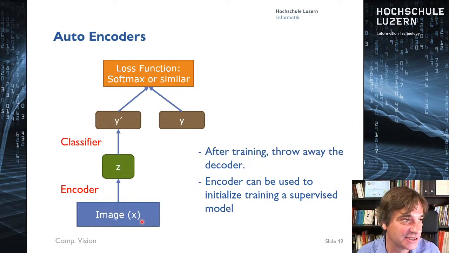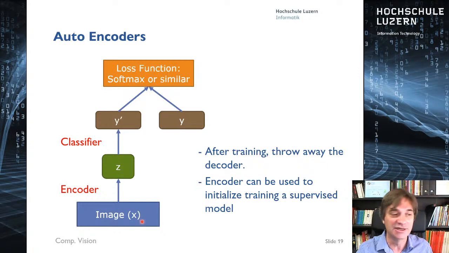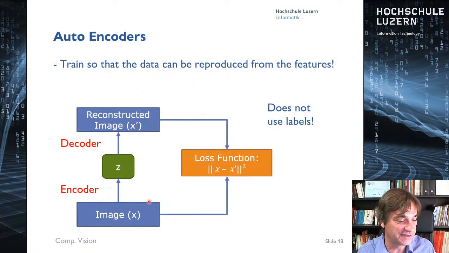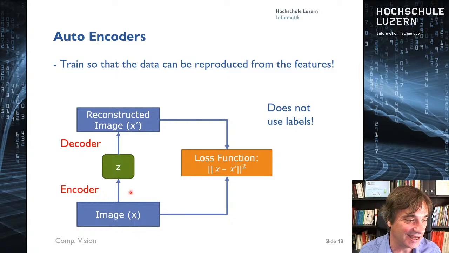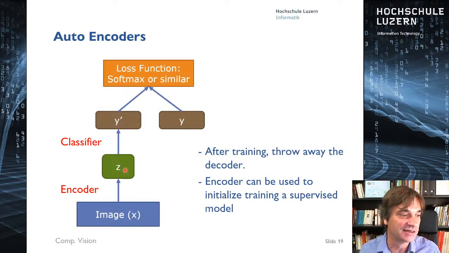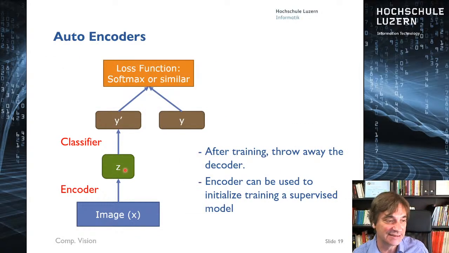And how can you use such autoencoders? One possibility is that if this really works, then you have all the essential information of the image in the variable z. So if you want to classify the image, instead of using the image x, you can use the variables z.